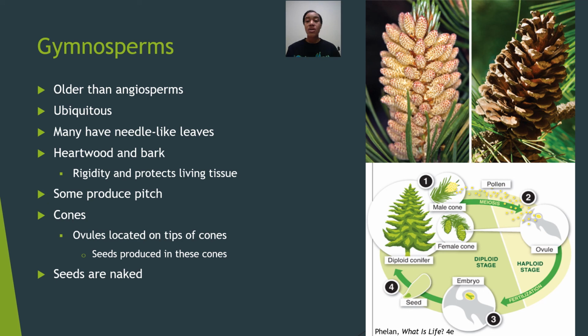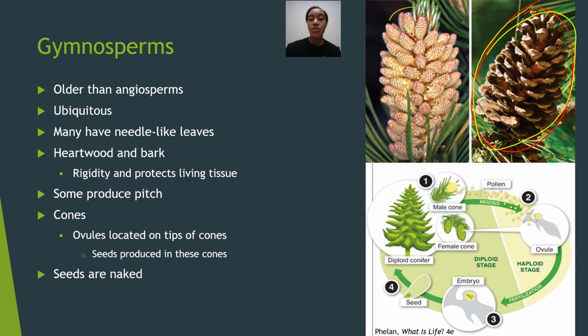They have cones. There are two types of cones. Especially if you've been anywhere in the United States in temperate regions, this type of cone is the one you're probably most familiar with. This is actually a female cone, and those are the ones that we most associate with a cone.